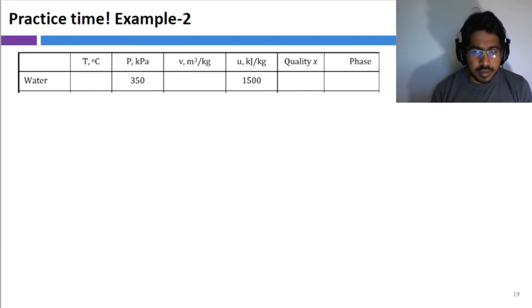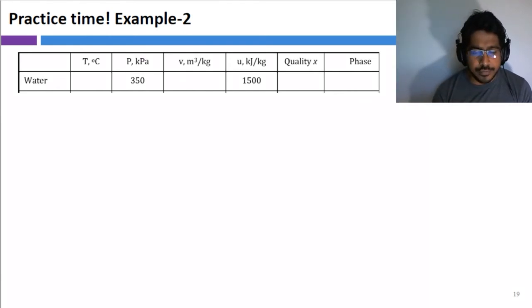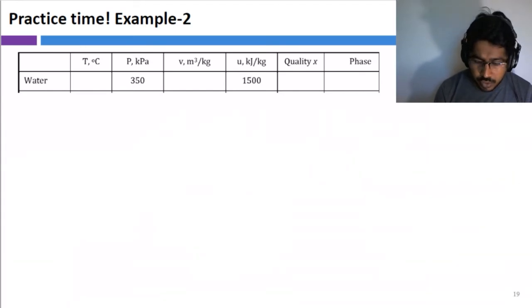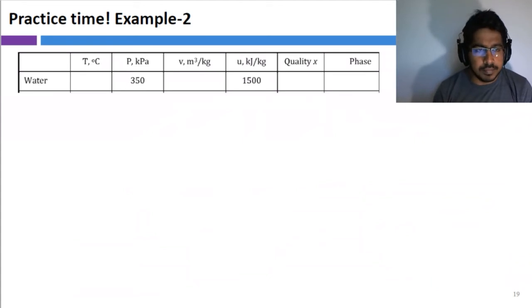You remember in the last lecture we also had a similar one, with either pressure or temperature given, along with specific volume. In this one we have the pressure and we have internal energy given. As this is a little different, I will try to solve it myself rather than asking you to do it.